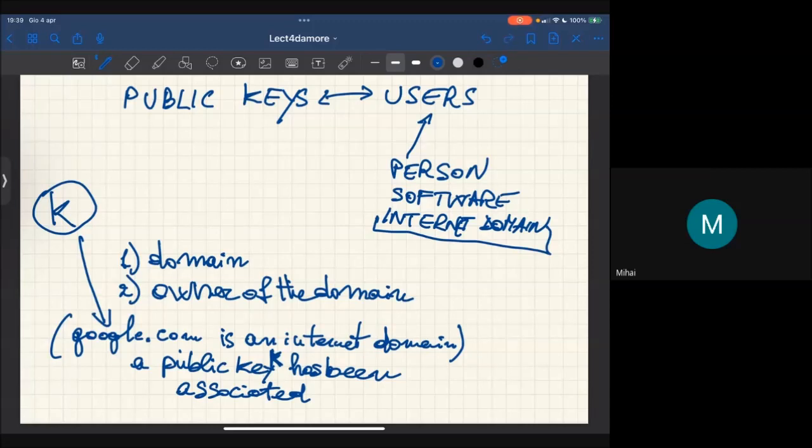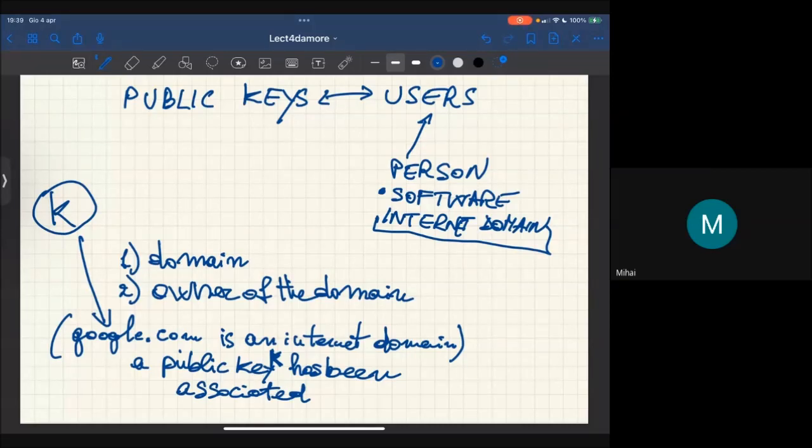Also, associating a public key with software is not the association with a person. It is associated with a software, but you can associate the public key with the producer of the software, that is a person or an organization. Same difference.